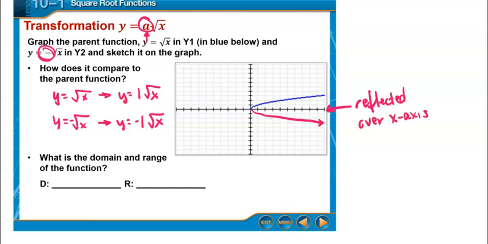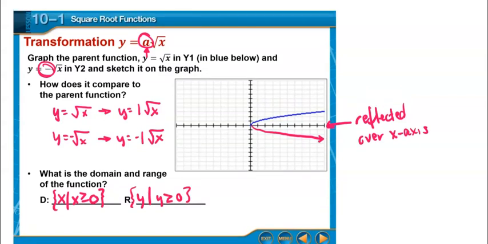The domain and range on this, same thing as always, because we haven't translated this any. X is greater than or equal to 0. The range of this is y such that y is greater than or equal to 0 again. So you're going to see eventually that this is y equals a times the square root of x minus h plus k, the standard form of this.